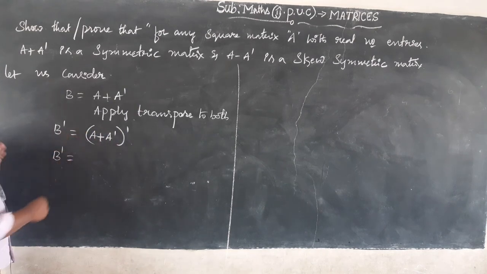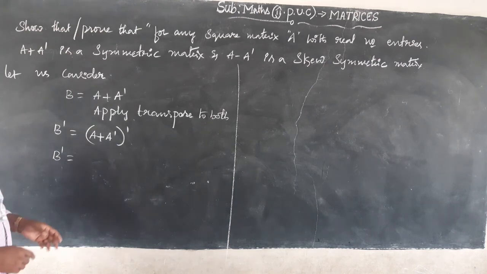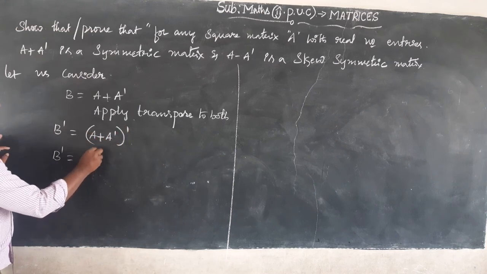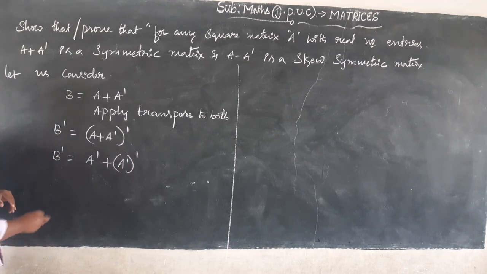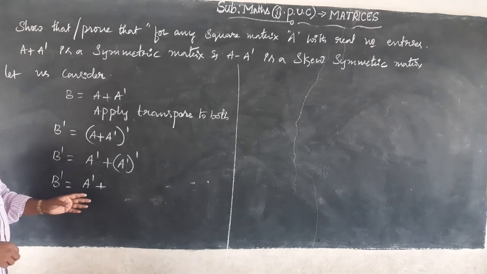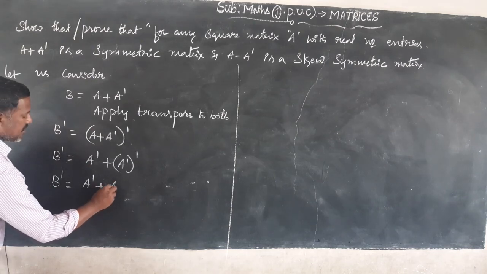Let us take the property of transpose of a matrix, that A plus A dash whole dash can be written as A dash plus A dash whole dash. Let us take B dash as it is, A dash also as it is, plus. As we know, A dash whole dash is A.